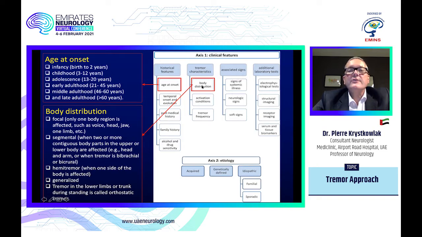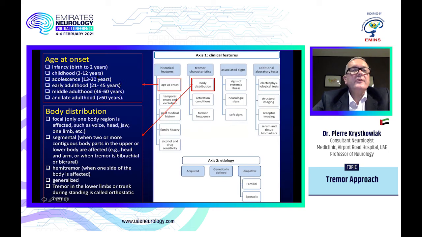In tremor characteristics, you have the body distribution, the activation conditions, the tremor frequency, and here you have some associated signs which are very important to look at: signs of systemic illness, neurologic signs, soft signs. Soft signs means very subtle, very refined neurologic signs. And you have also the additional laboratory tests that can help.